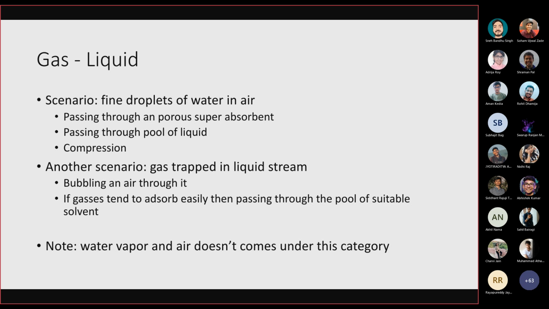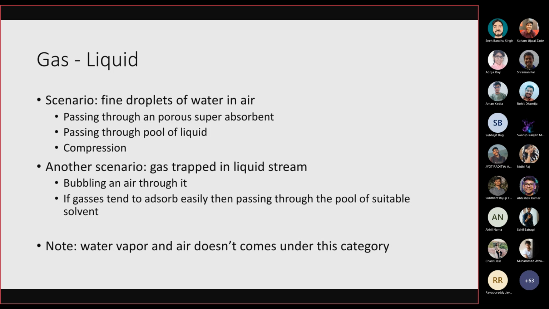We can pass it through a porous super adsorbent like cotton, a sponge or something, then obviously the fine droplets will be absorbed onto that super adsorbent. Or we can bubble this gas liquid mixture through a pool of liquid.